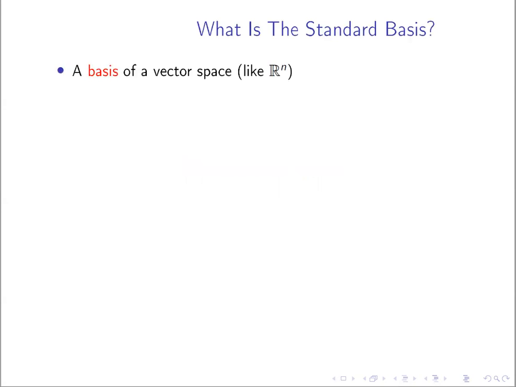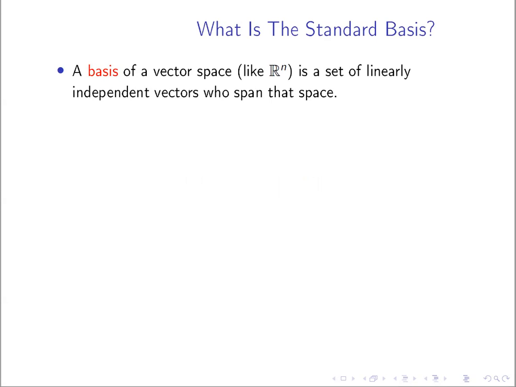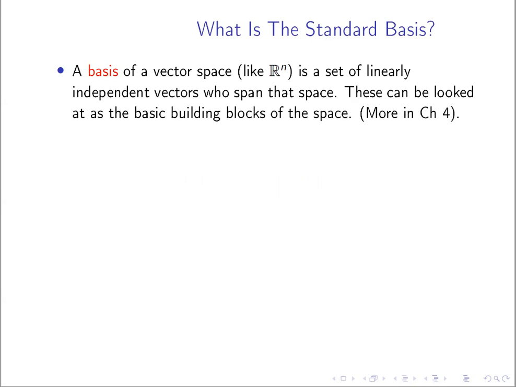So let's start off with talking about what is the standard basis. Well, if you have the basis of a vector space, let's just talk about basis in general. Let's say Rn, because we haven't gotten to what a vector space is: a set of linearly independent vectors that span that space. So again, two properties: they're linearly independent and they span that space.